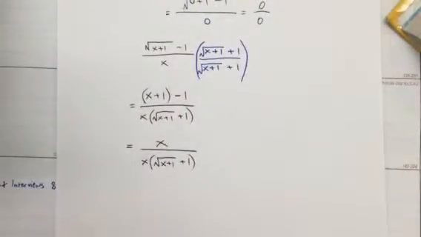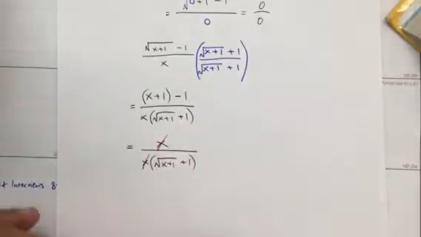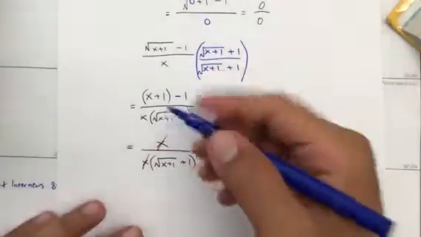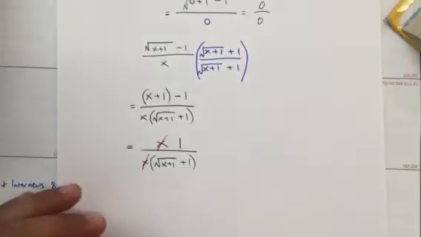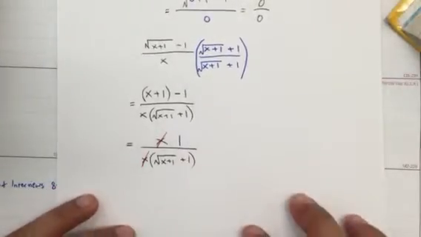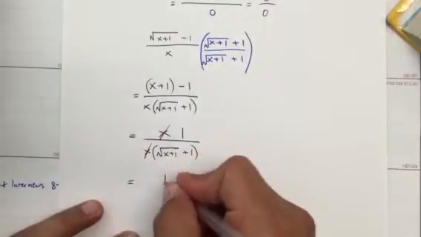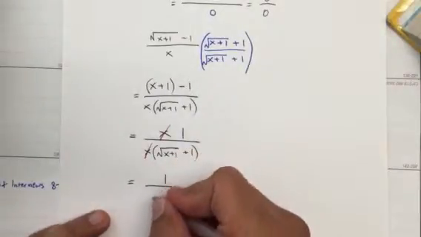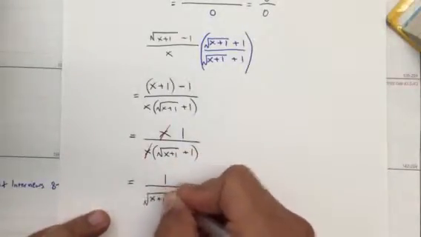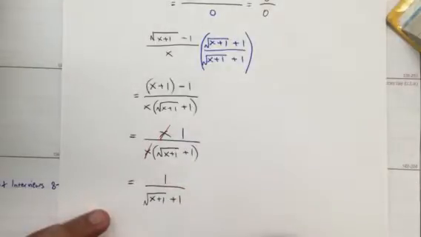Here we cancel out the x's. We're still left with a 1 in the numerator. Now we simplify and we get 1 over the square root of x plus 1 plus 1.